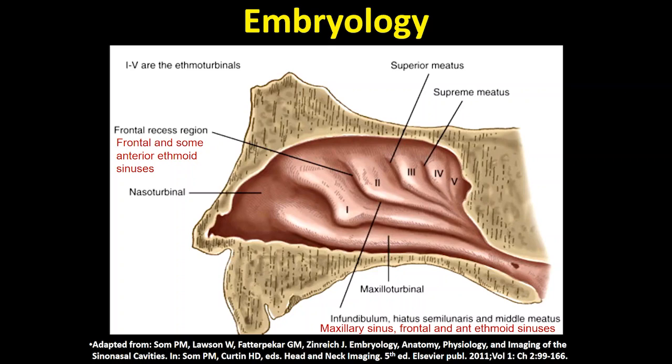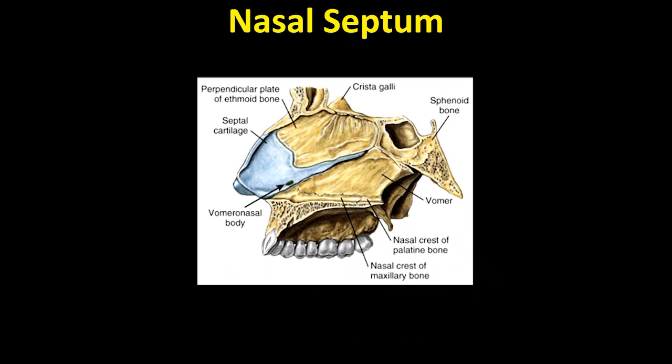The posterior ethmoid sinuses develop from the superior and supreme nasal meati or meatuses, and therefore there is underlying anatomical variation depending on where they develop from. These posterior ethmoid sinuses are notorious for extending into the adjacent maxillary and sphenoid sinuses, which we will discuss later.